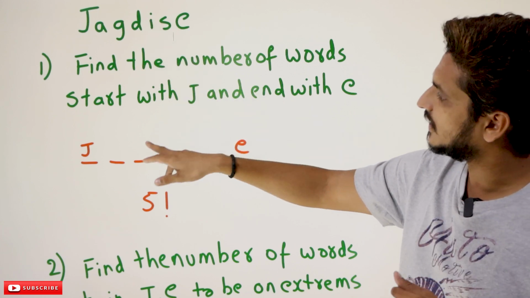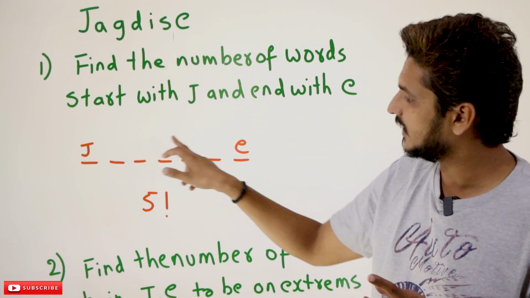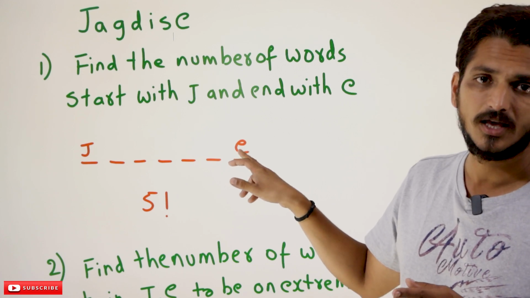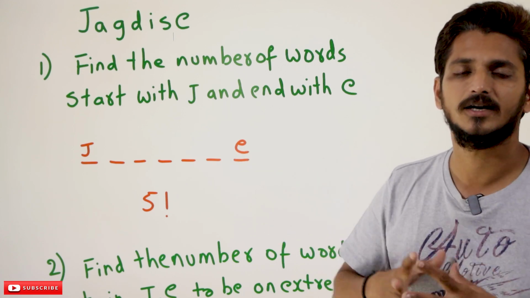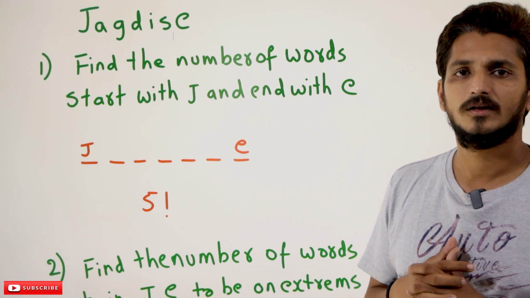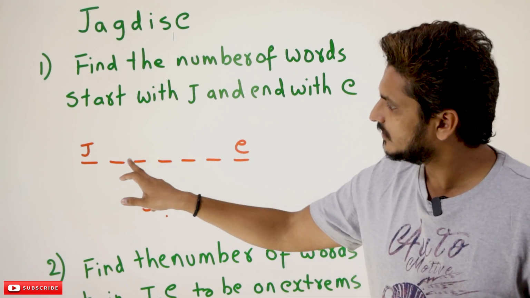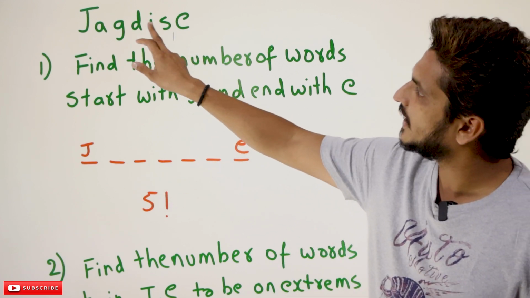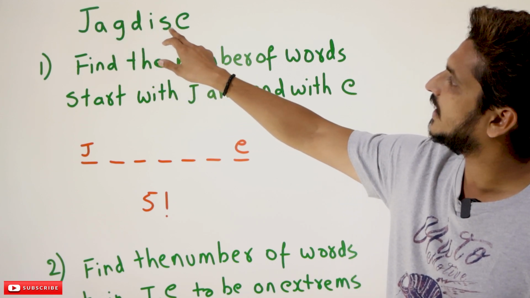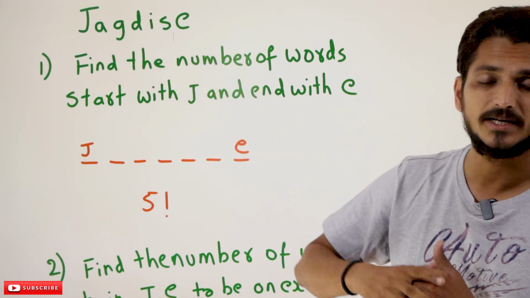But here they are asking that the first position should be filled with J and the last position should be filled with E. Means J and E are fixed. What are the remaining positions? 5 positions are there. What are the remaining elements? A, G, D, I, S. 5 positions and 5 elements are there.